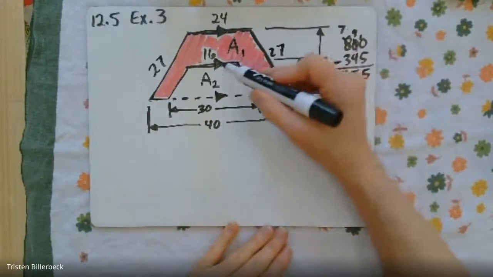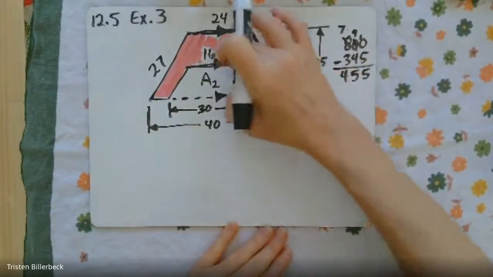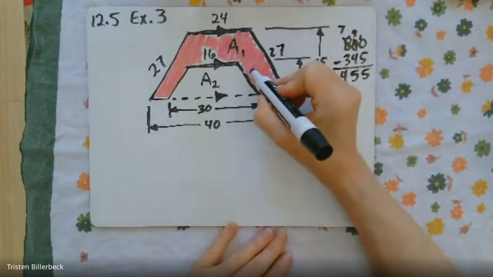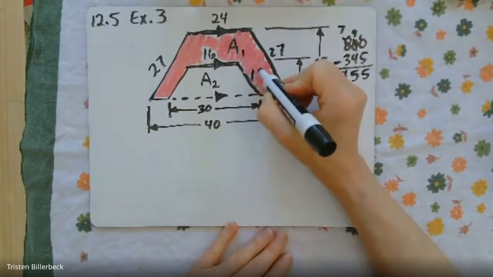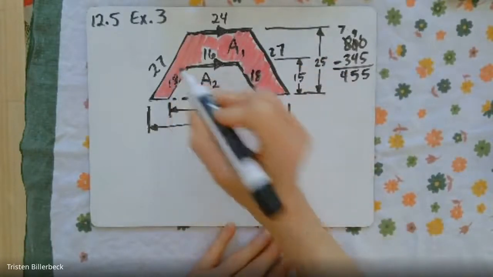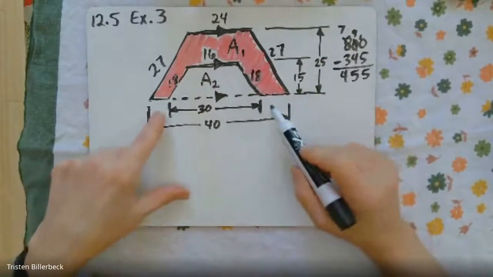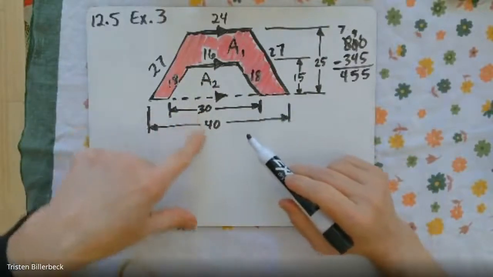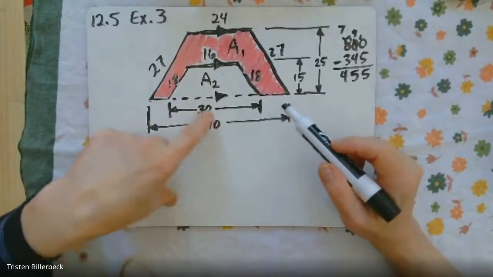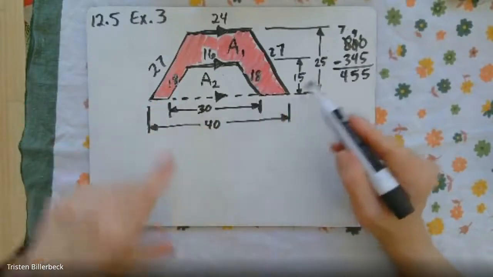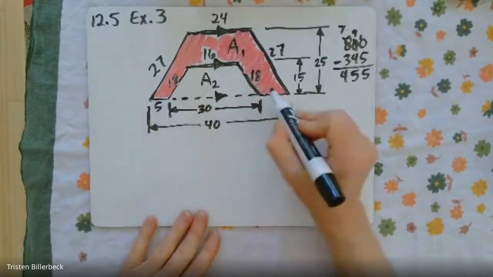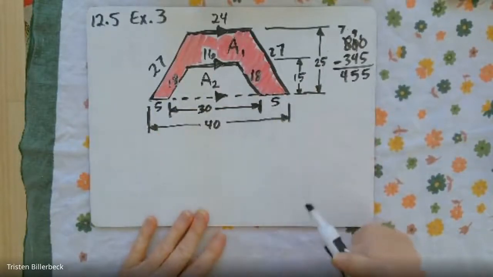So if this one's 15 right here, I'm going to say this is probably, let's go with 18 here and 18 here. Then we can tell by subtracting 40 and 30 what these are. So there's a difference here of 10. If this is equal to that, 10 divided by 2 is 5. So this would be 5, and this would be 5.